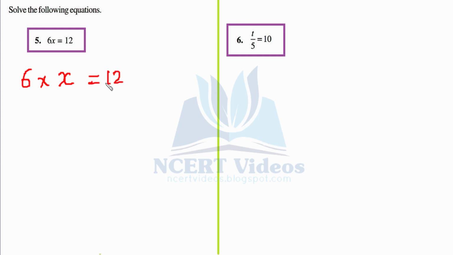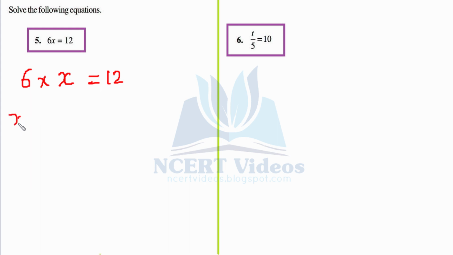So when we observe this equation, here x is the variable and it is getting multiplied with 6. We have to get rid of this 6. So we could do the same by transposing it towards right hand side. And here it was getting multiplied, here it would get divided up. So the step goes like this.